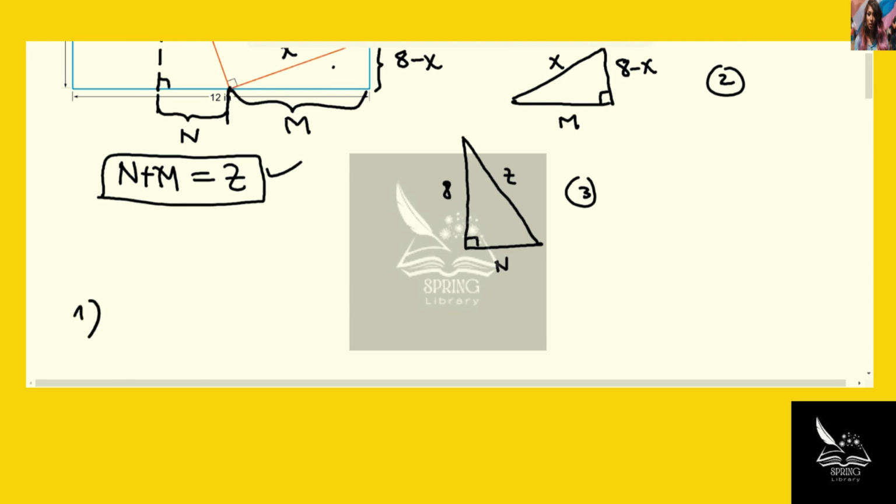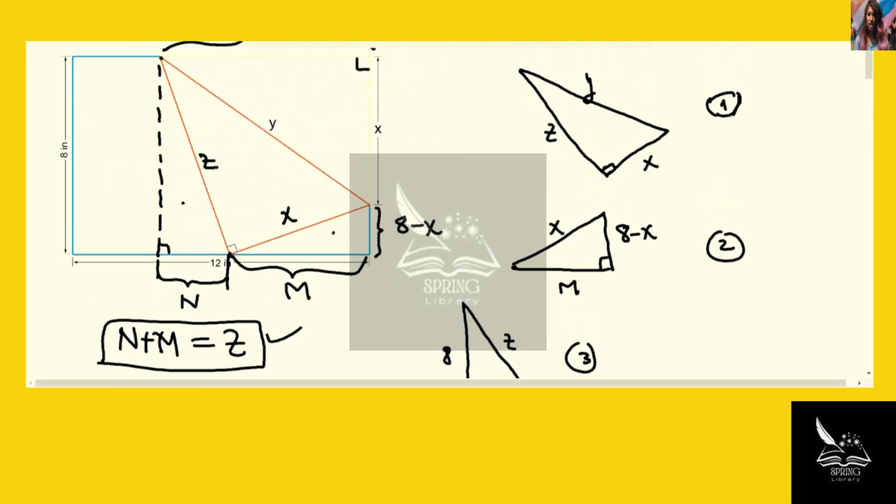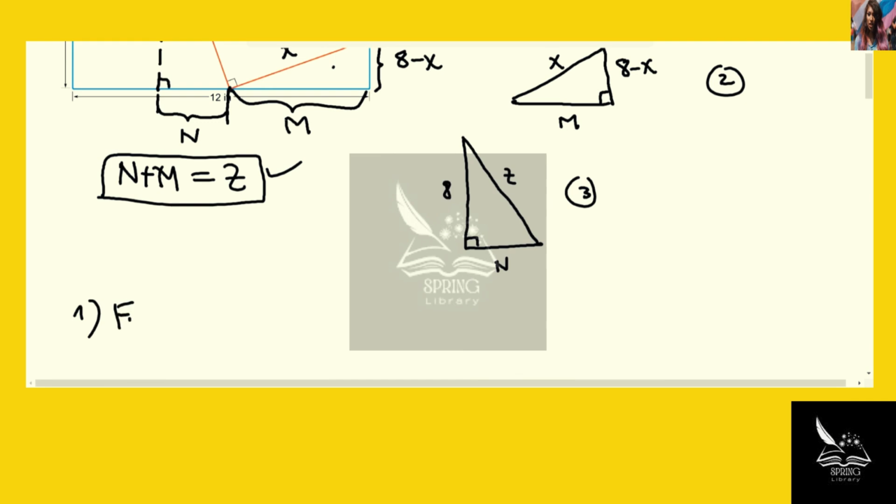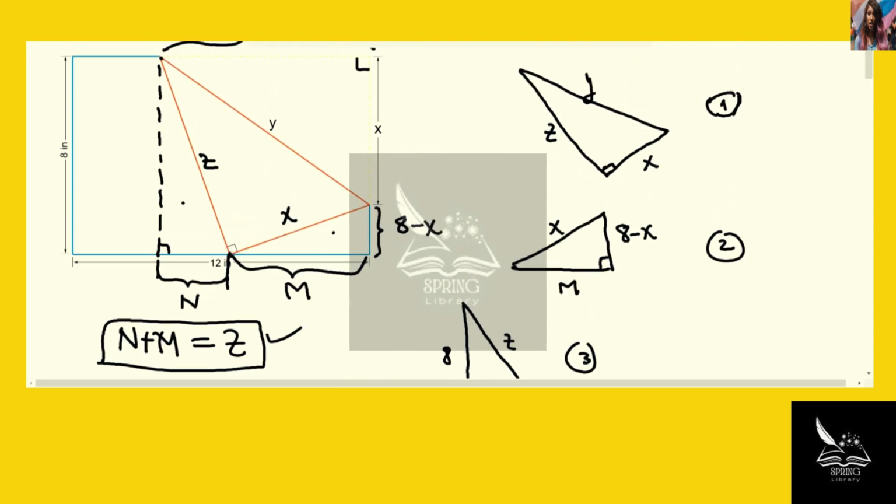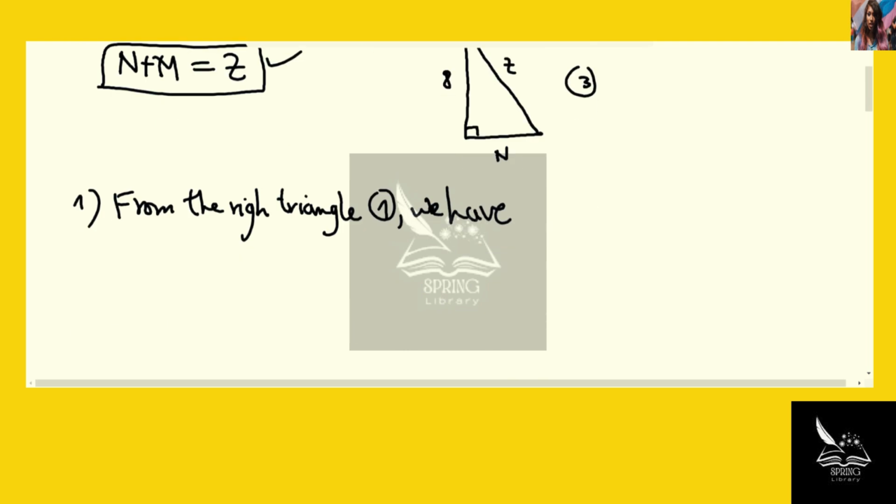So first we use this one, from the right triangle 1, we have the first relationship: x squared plus z squared equals y squared.